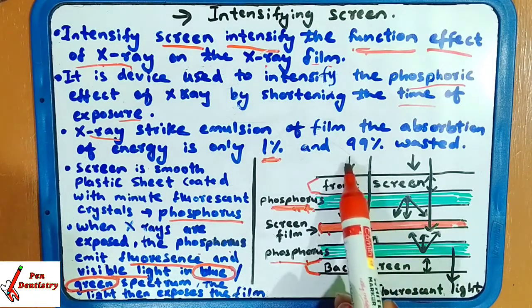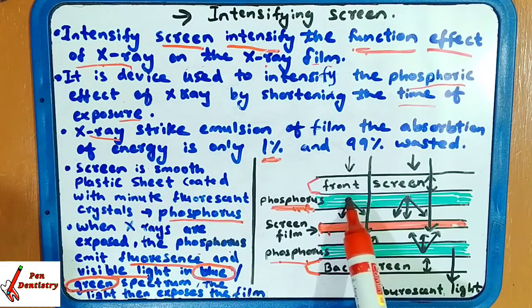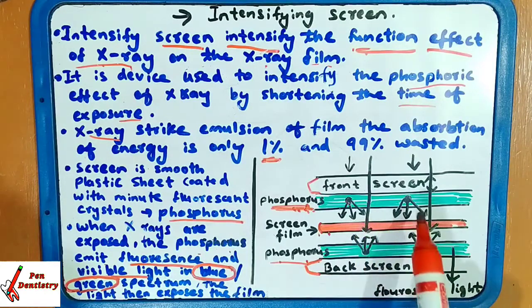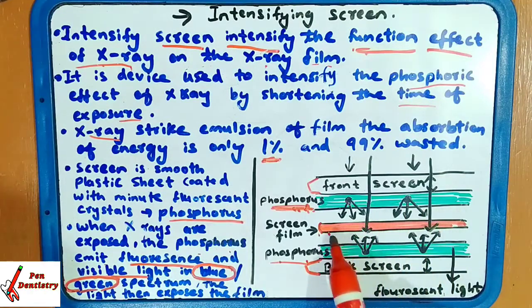You can see this is coming on this phosphorus crystal, and the phosphorus crystal is emitting light in the blue-green spectrum. The same thing is happening here, and when this light comes to the last phosphorus layer, it also emits the fluorescence as well as the visible light in the opposite direction towards the film. Everything is happening towards the film. The exposure is happening on the film.